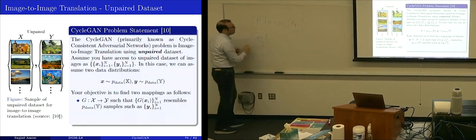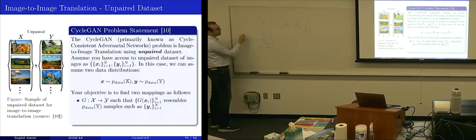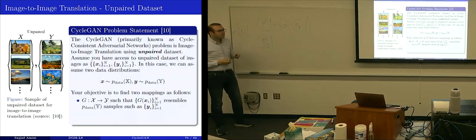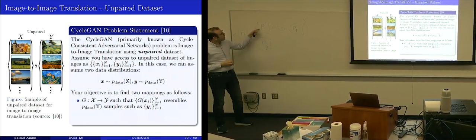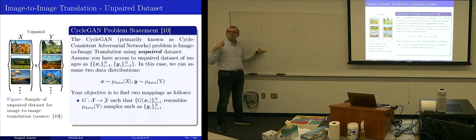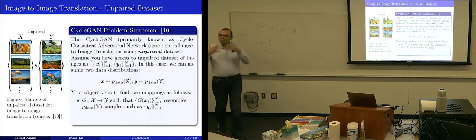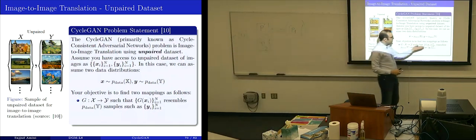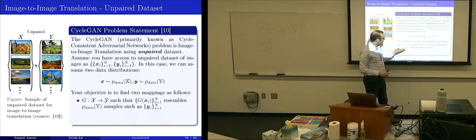A professional painter cannot discriminate between these two paintings. He cannot understand whether it is a transformation of another painting or exactly one painting from painter number 2. In terms of distributions, you cannot discriminate between G(xi)s and the data that are coming from p data Y.